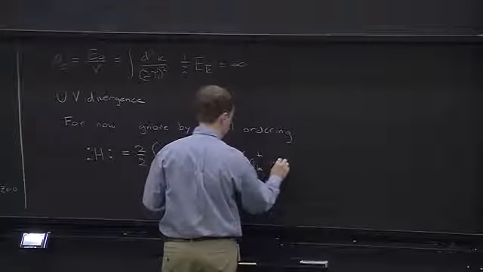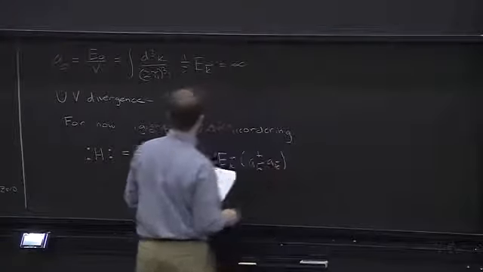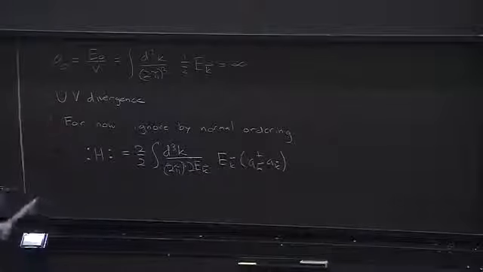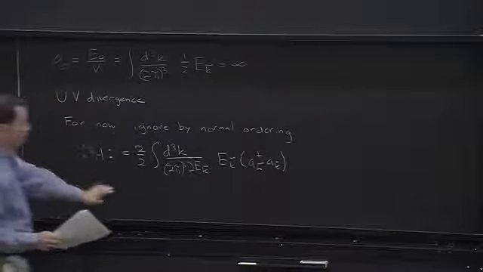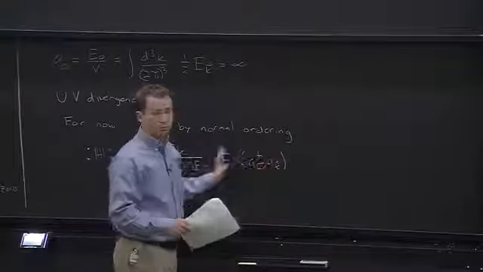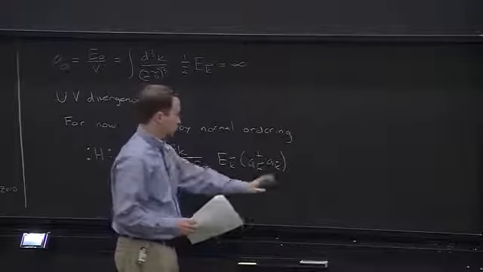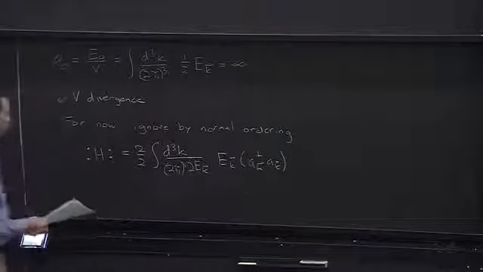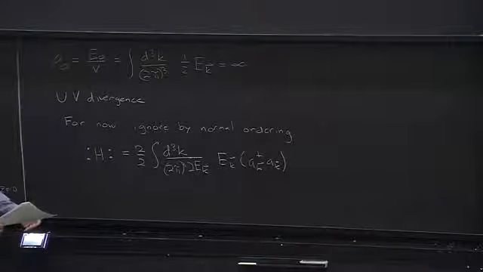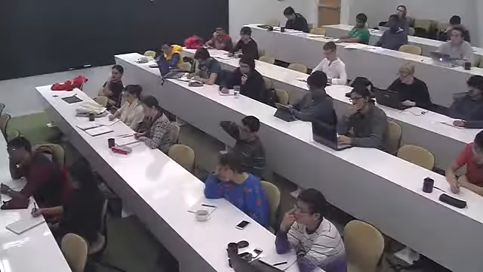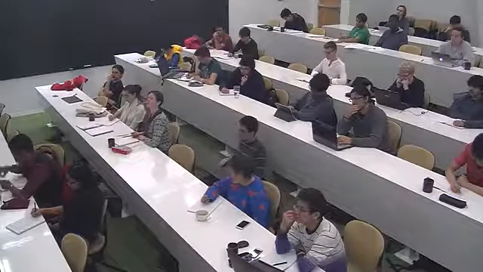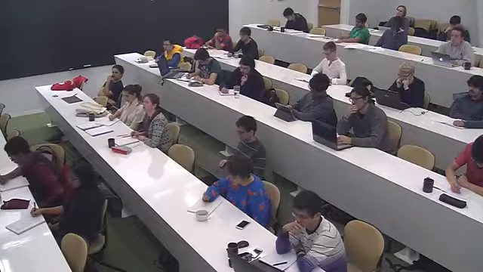We just take the Hamiltonian on the top board and, by hand, without using the commutation relations, move all the annihilation operators to the right.